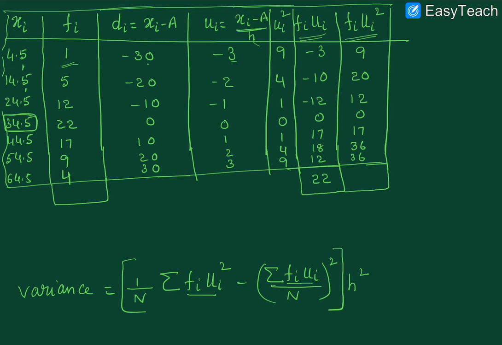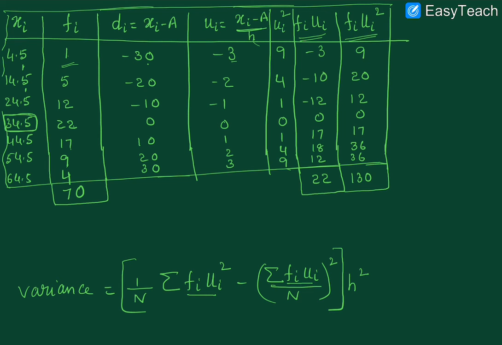So 36, 36, 72, 79, 89, 91. So we are getting this value as 130. So all there are sigma fi, this total sum is equal to 9 plus 4, 13, 30, 52, 52, 58. Yes, this value is equal to 17.